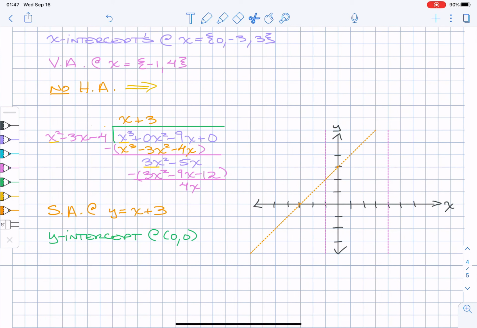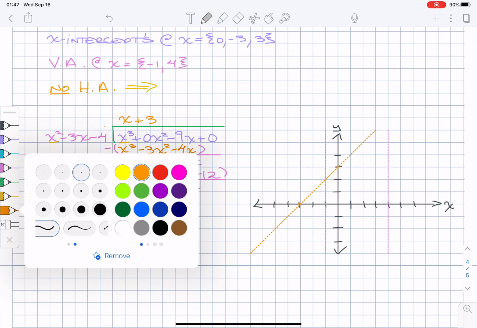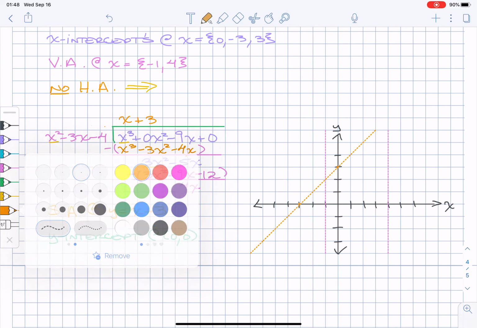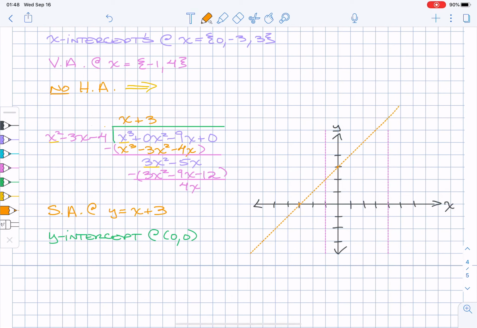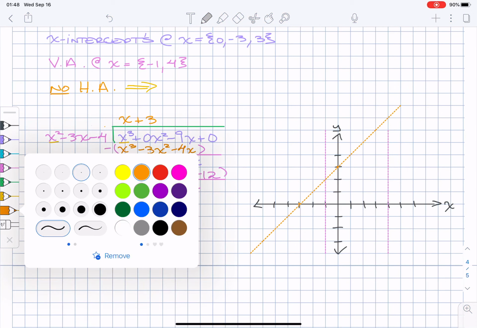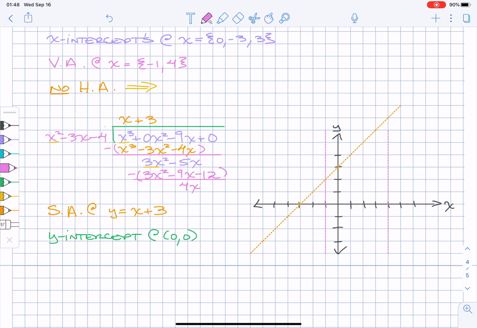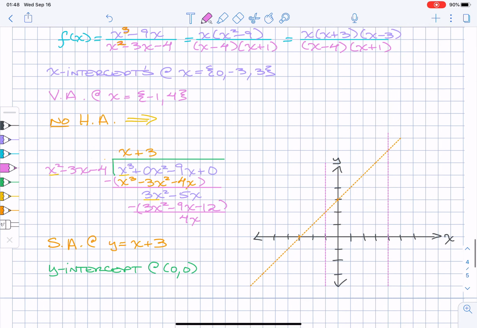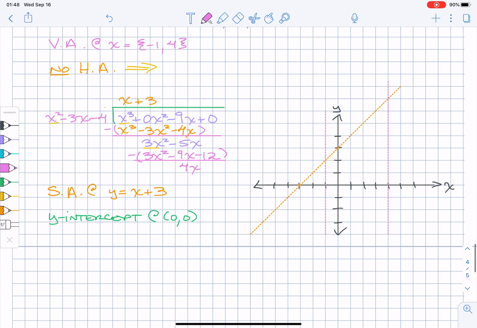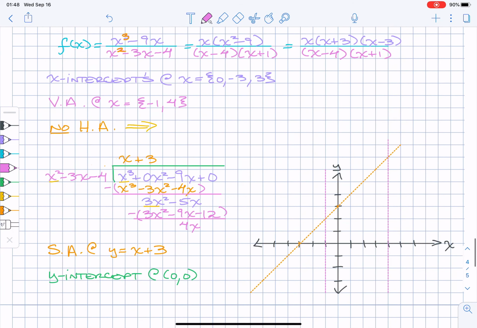Okay, so now what I can do is continue the slant asymptote to where these two intersect. Okay, so now let's plot our intercepts.